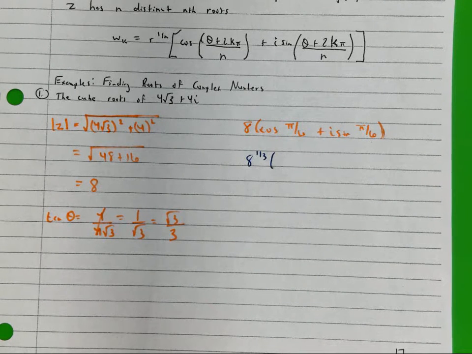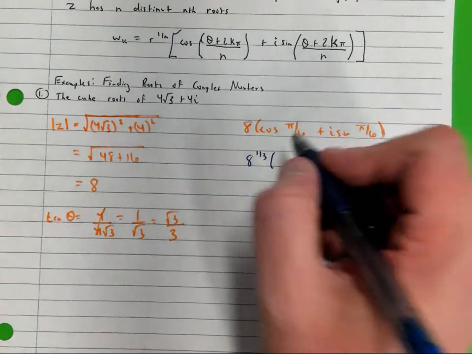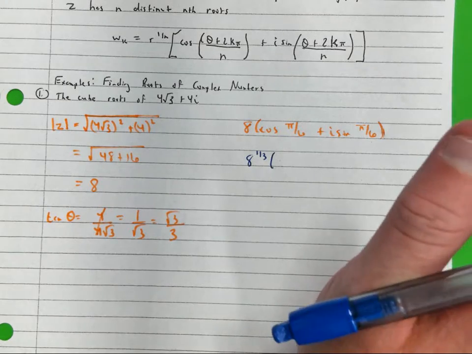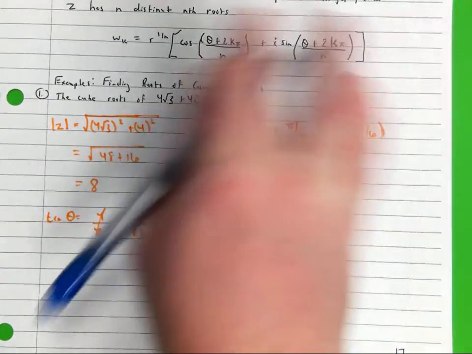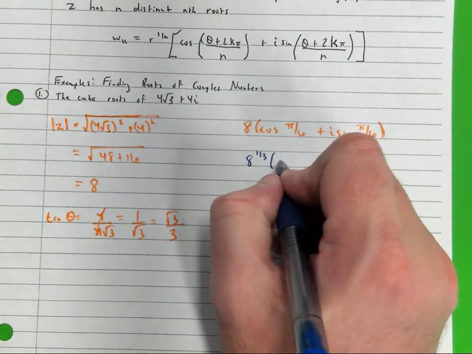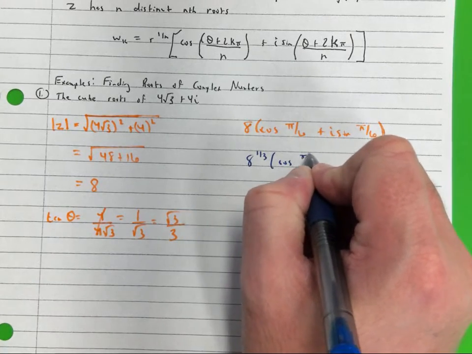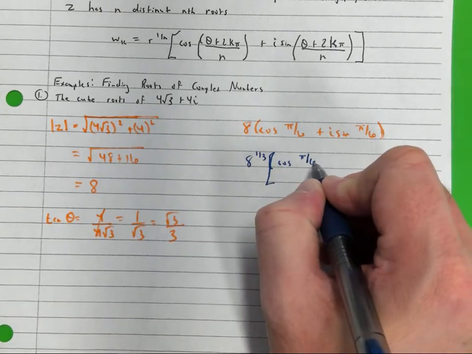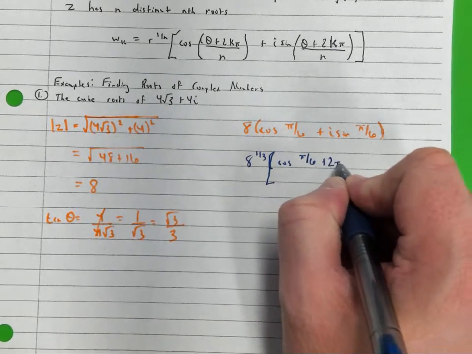Now this is where it's a little bit different from de Moivre's theorem. And this is what the formula is telling you, but like I said, don't memorize formulas. If you just remember steps, don't try to remember all this. This is where it's different. You got to take your pi over 6 and add 2 pi n.